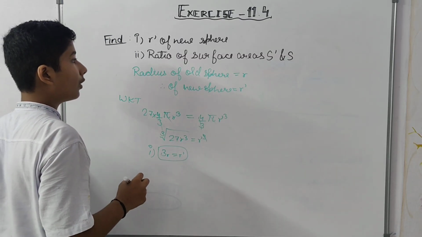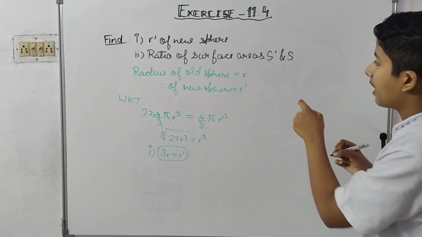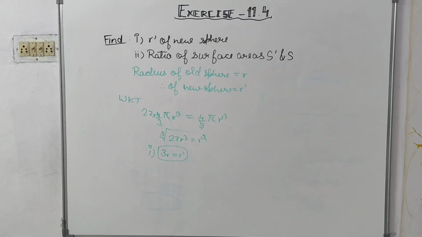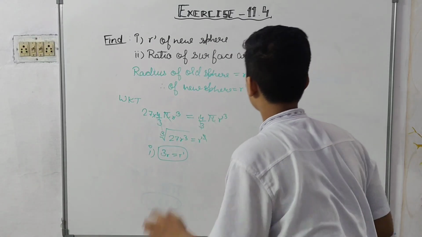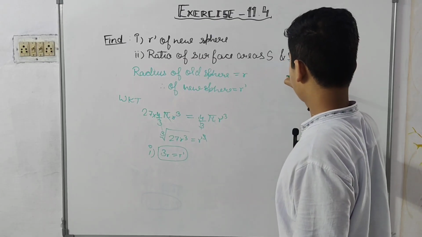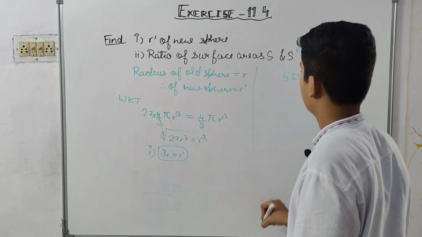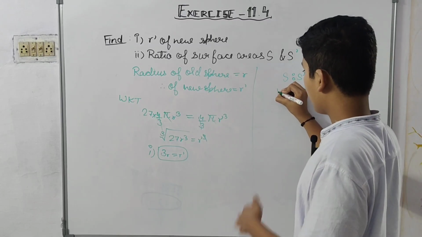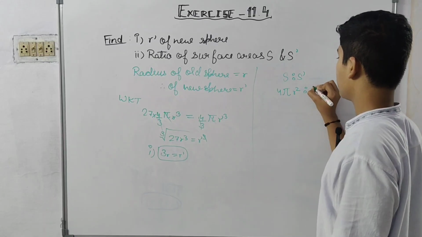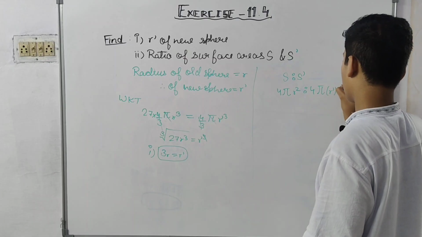Now the ratio of the surface areas, S and S dash, where S dash is the new one. S is to S dash is 4 pi r square is to 4 pi R dash square.